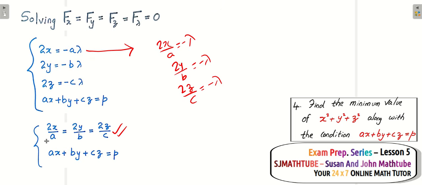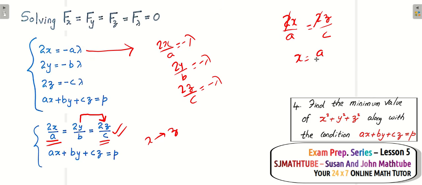Now I will use the first and the last, and I will write x in terms of z. So I'm going to write 2x by a is equal to 2z by c, and that gives me x is equal to a by c into z.